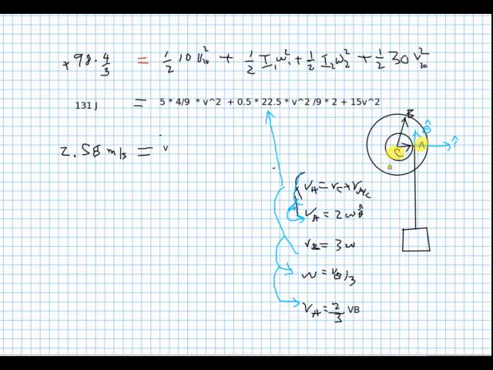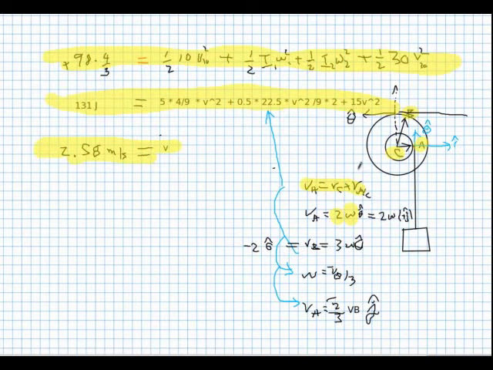Indicate a point A and a point C. Point A is on the edge of the inner disk. Point B is on the outer edge of this disk. Okay, let's just clean up some details on relating these velocities together. Velocity of point A is equal to velocity of point C plus the velocity of A compared to C. We can write that velocity of A compared to C in radial and transverse coordinates, which gives us 2 omega theta hat.